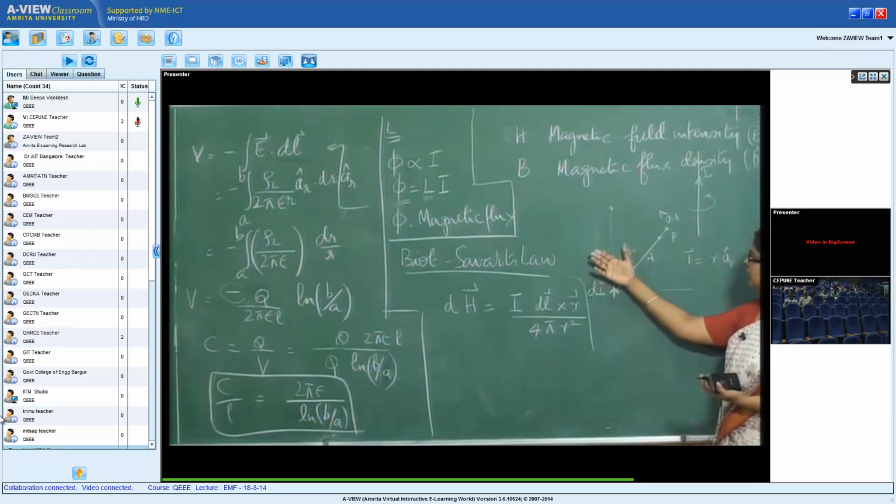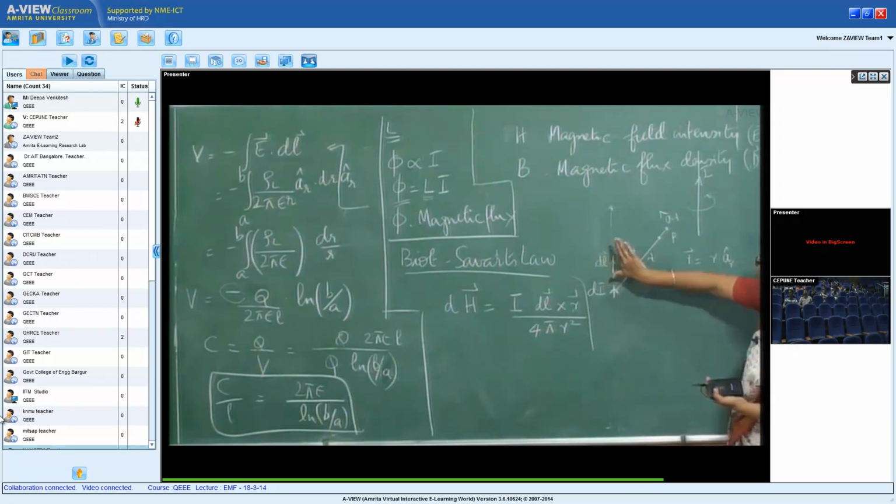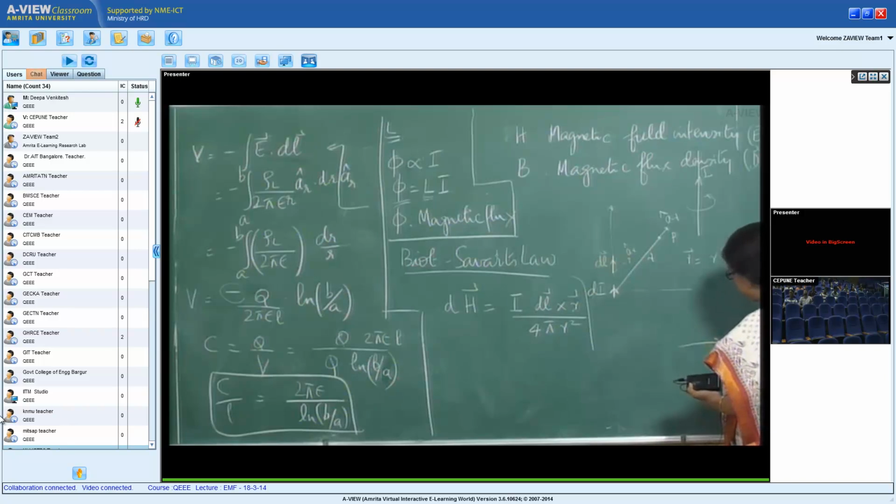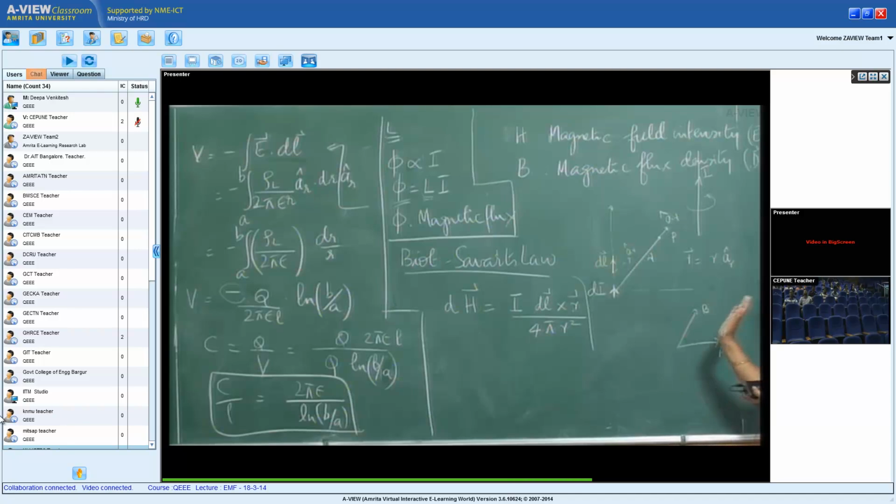If I were to find the direction of the cross product, you know that if I have a vector A, and a vector B, to find the direction of A cross B, I use my right hand rule.